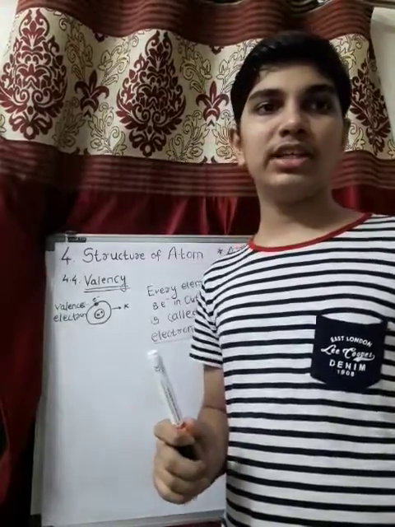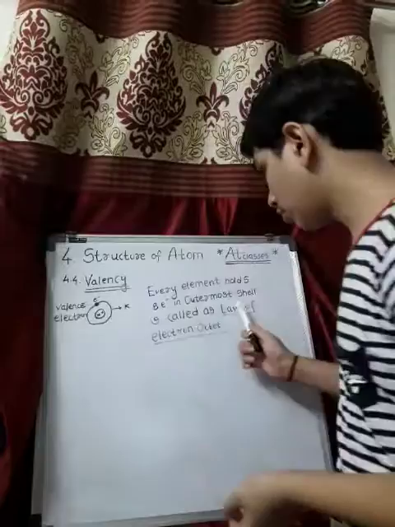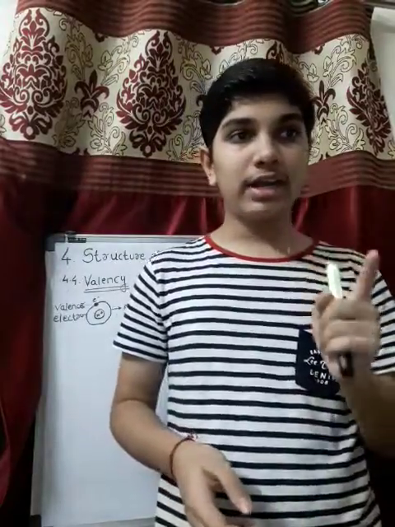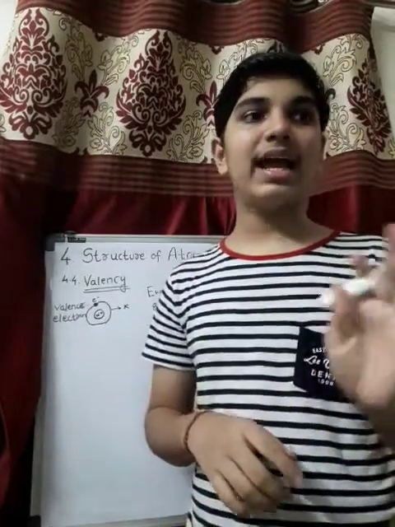Right? Now this was about what is also known as the law of electron octet. Now an outermost shell which had 8 electrons was said to possess an octet.